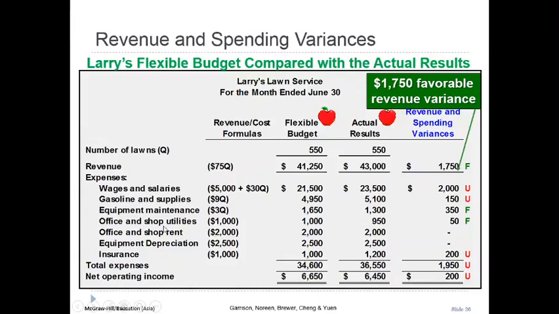However, office and shop utilities, office and shop rent, equipment depreciation and insurance consist of fixed cost. Therefore, we shouldn't be seeing changes in the actual result actually. However, it seems like there is a difference between the utilities and insurance expense. So there must be an explanation why this fixed cost suddenly increases or decreases, because it shouldn't be changed according to the activity level.